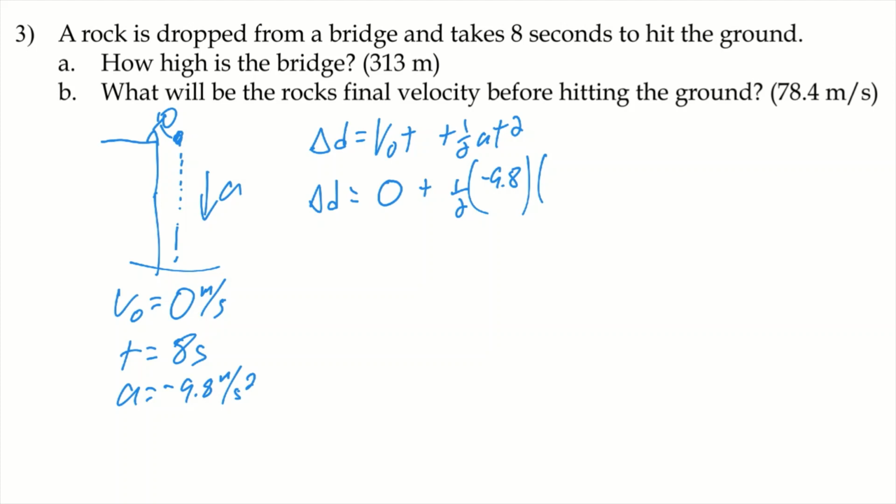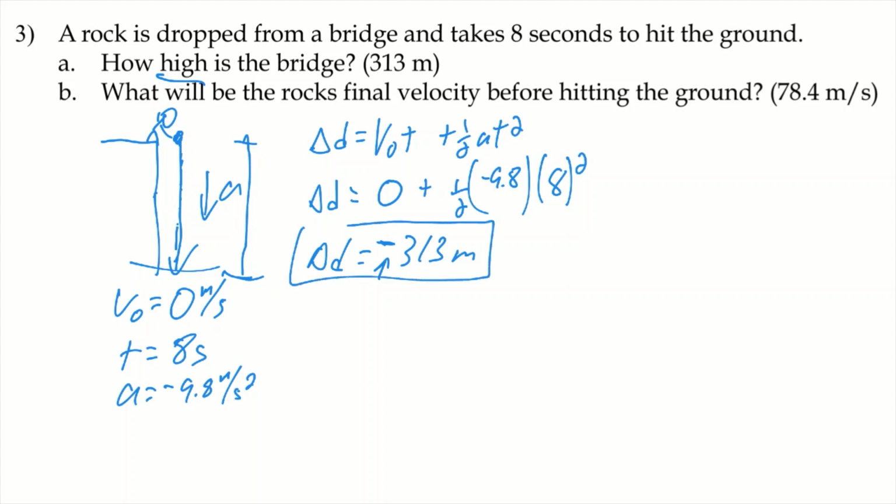And then the time squared is 8, so we'll square that out, and we get a displacement of negative 313 meters. Okay, remember the negative's just telling us that we're below where we started. Now I think the question said like how high. Typically high is from the ground up, but at this point it doesn't matter, to be honest. You just understand the difference.